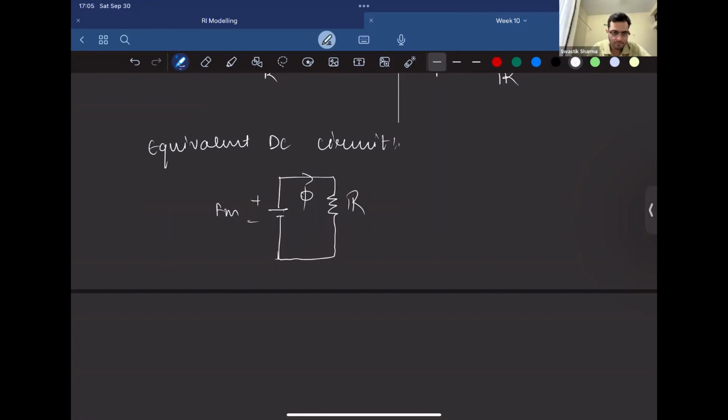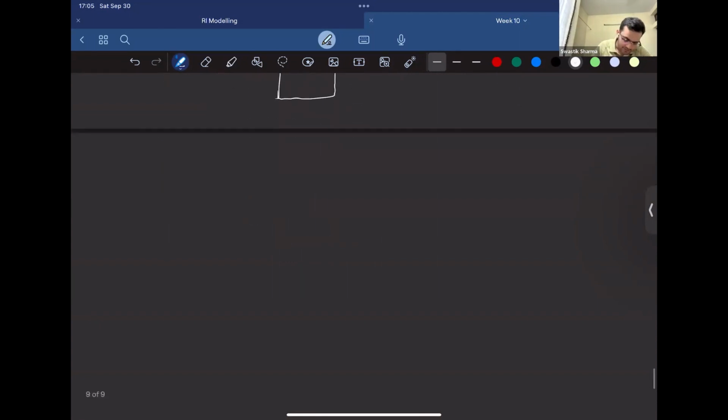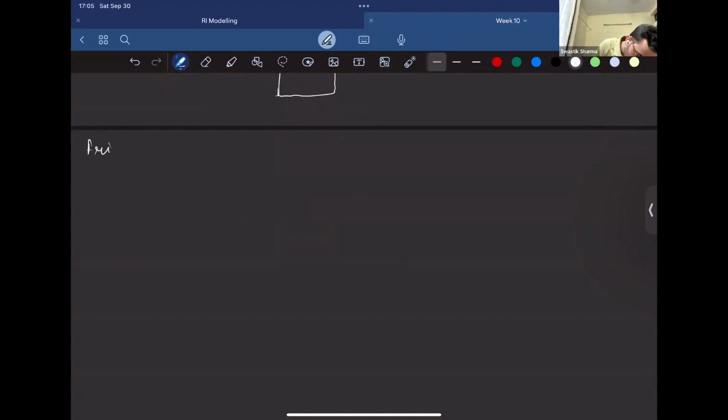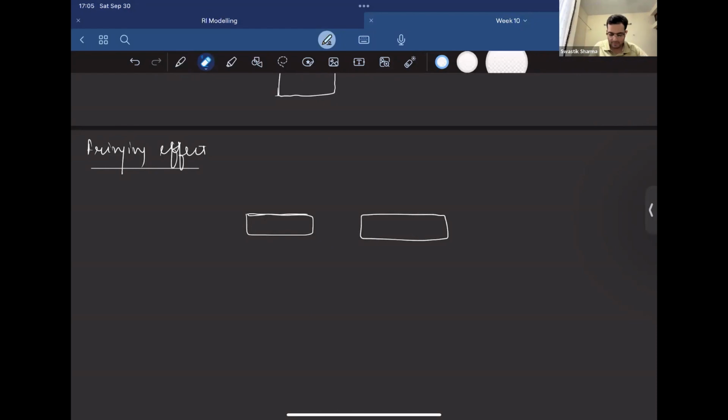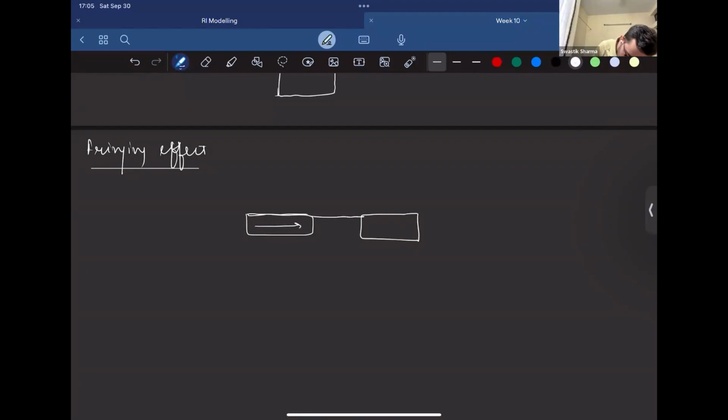Now, there's a concept of the fringing effect. When we have a core and an air gap is introduced in it, we assume that the flux which flows like this will continue flowing like this, right? But that's not the case.